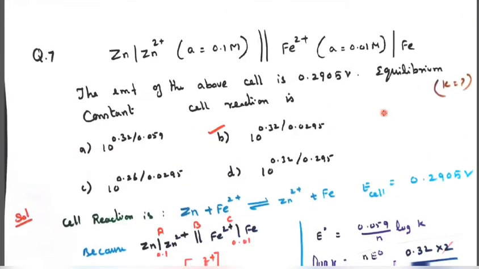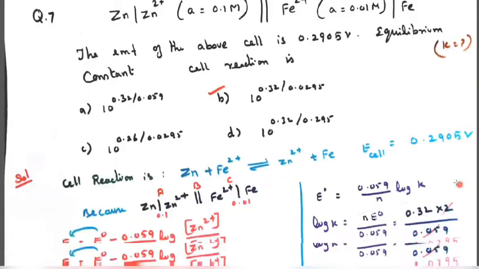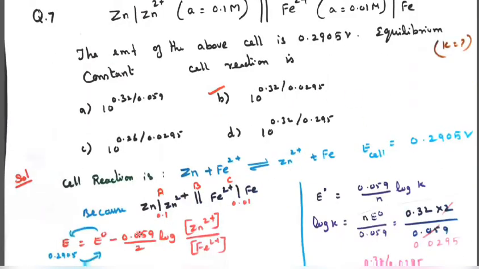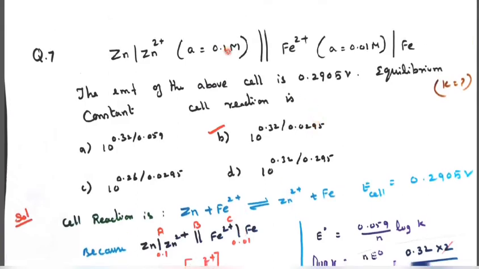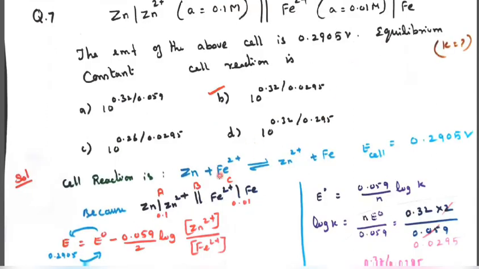E cell is given in the question as 0.2905 volt. The concentration of Zn2+ is 0.1 and Fe2+ is 0.01.